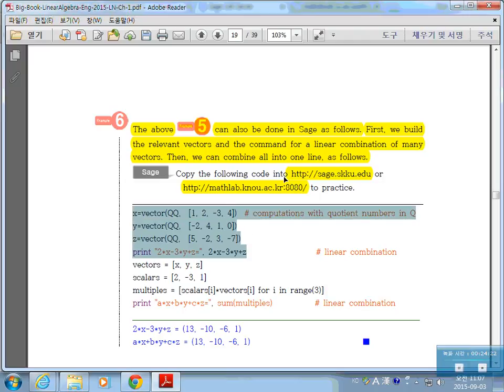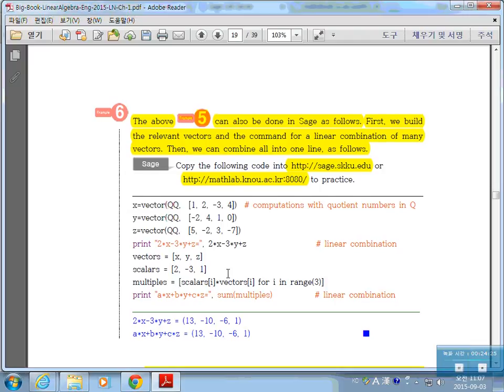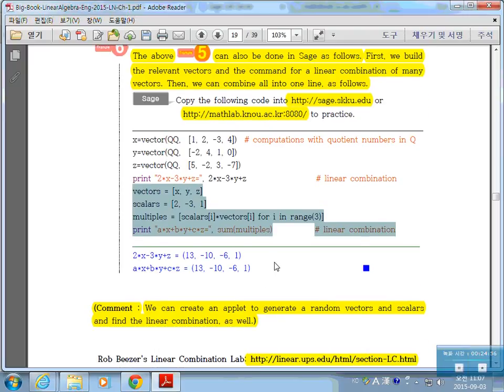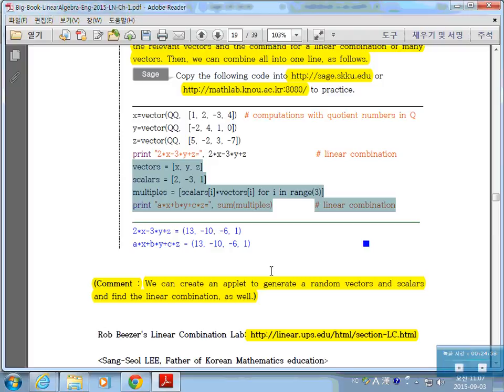We define the vectors x, y, and g like this, and if we define them as a vector and 2, minus 3, 1 as scalars, then this computation can also be done with another command that produces a linear combination of given vectors. So there are many ways to deal with it in Python and Sage.